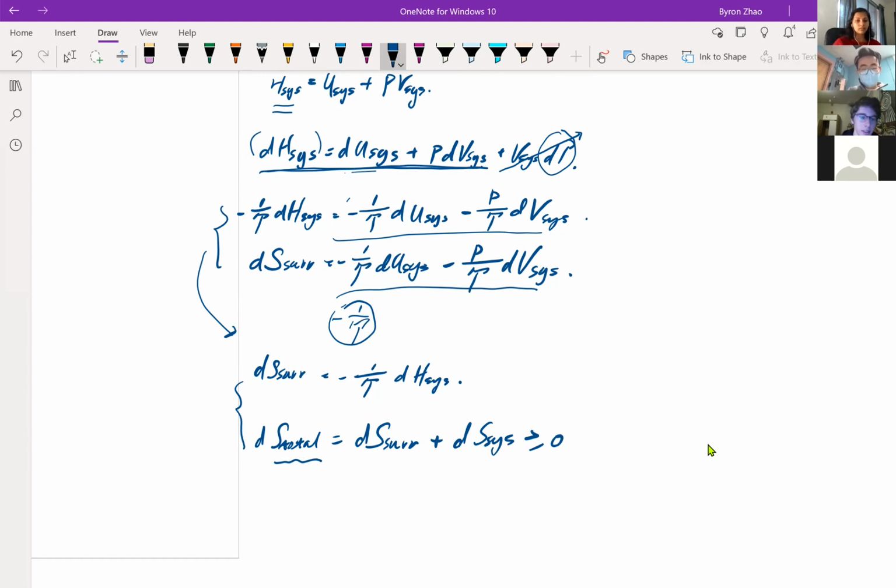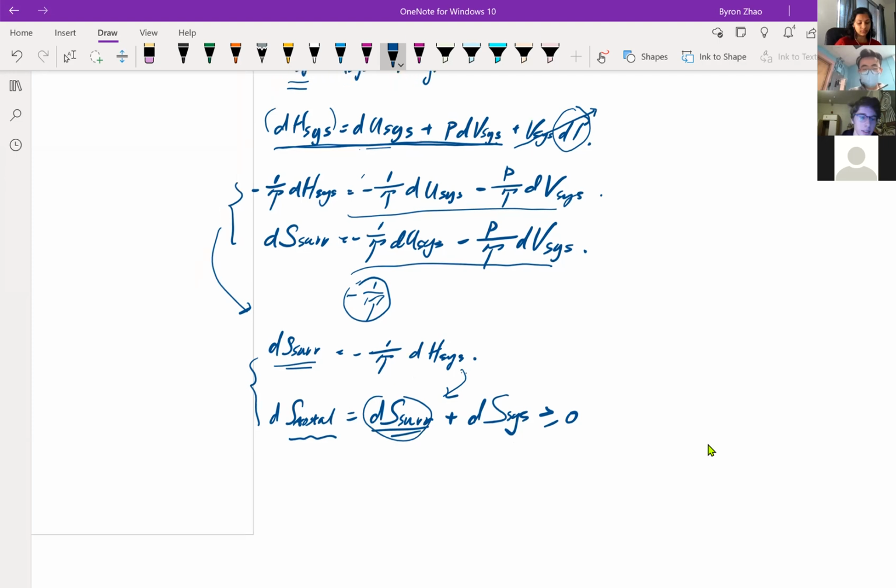And as you can see with these two equations, we got a term dS surrounding right here, so we can replace this term with this equation.